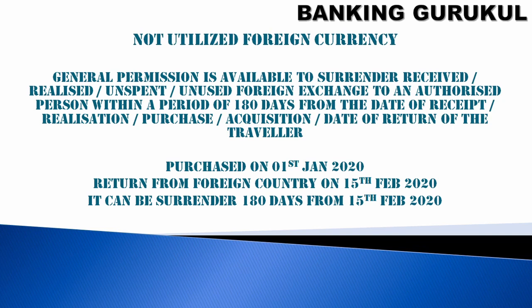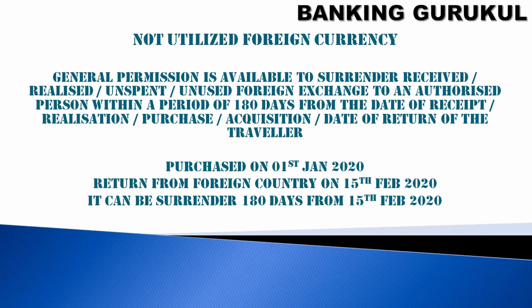General permission is available to surrender or realize unspent, unused foreign currency to any authorized person within a period of 180 days. When you return from the foreign country, from that date, within 180 days, you can surrender this currency to the authorized dealer. For example, purchased on 1st January 2020 and you have gone to the foreign country.